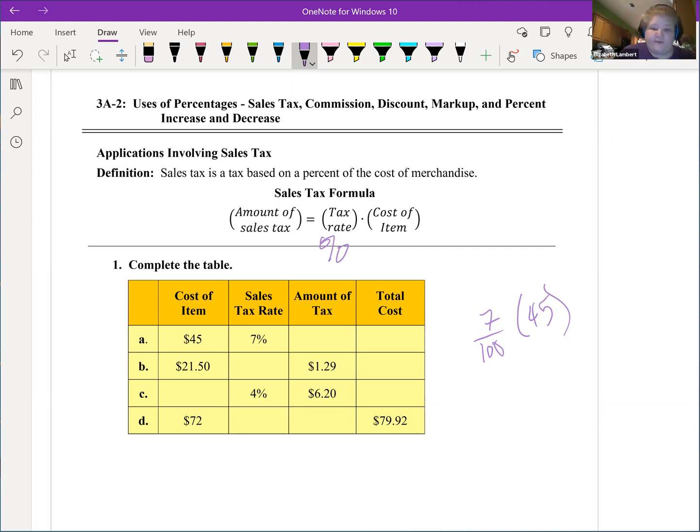We get 3.15. Then for the total cost, we add that to the 45, and we get 48.15.